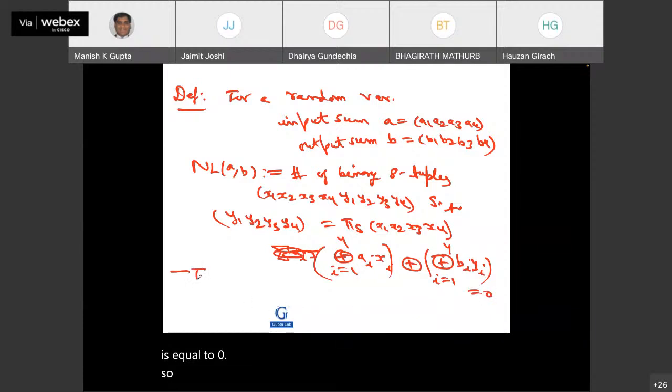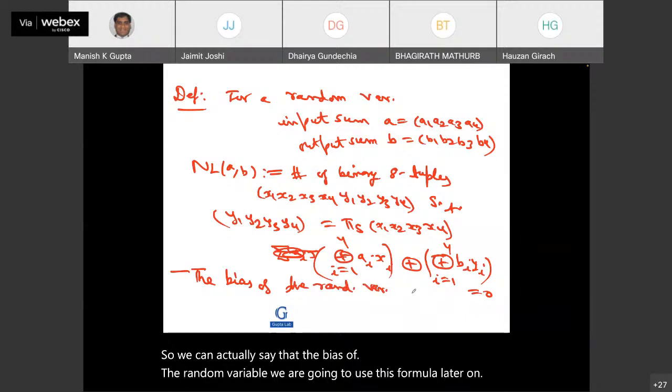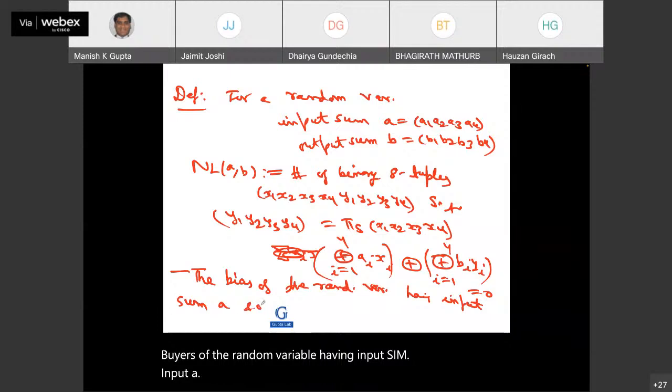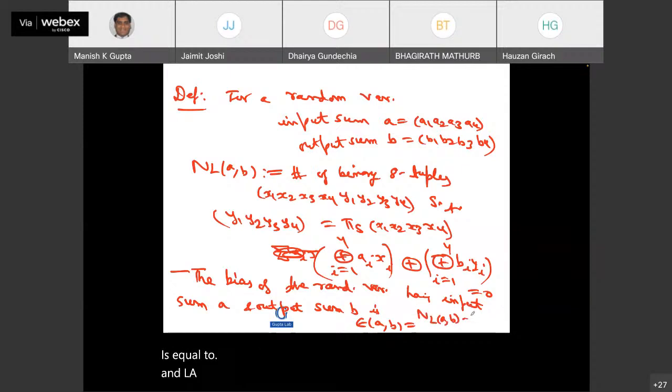So we can say that the bias of the random variable having input sum a and output sum b, epsilon(a, b), is equal to (NL(a, b) minus 8) divided by 16.